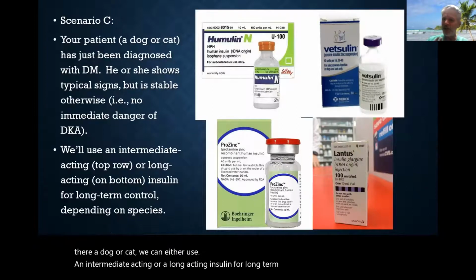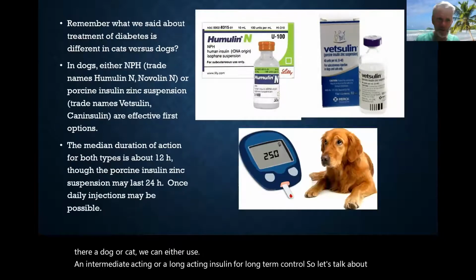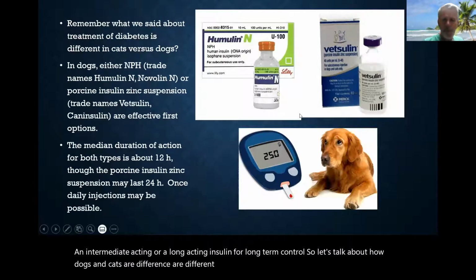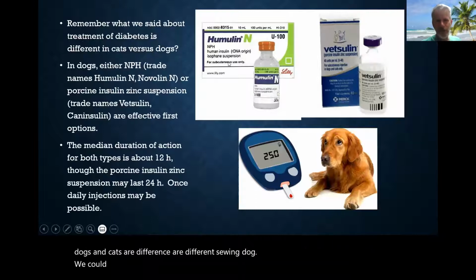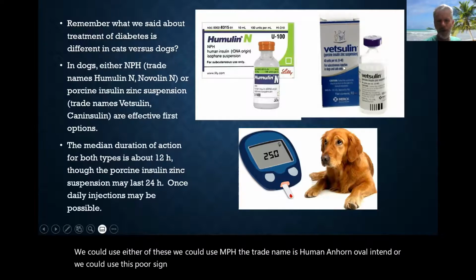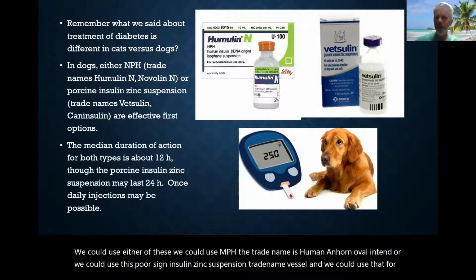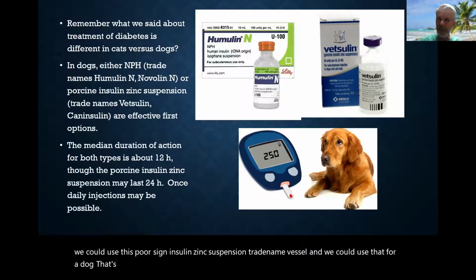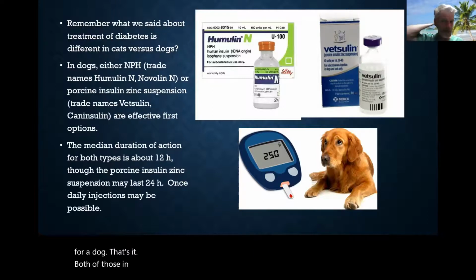So let's talk about how dogs and cats are different. In a dog, we could use either of these. We could use NPH, the trade name is Humulin N or Novolin N, or we could use this porcine insulin zinc suspension, trade name Vetsulin. We could use that for a dog. That's it. Both of those in dogs will last about 12 hours.